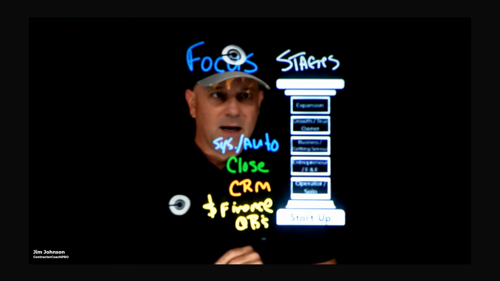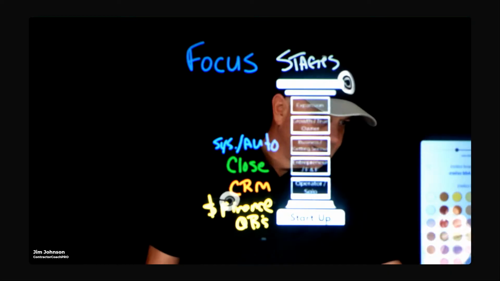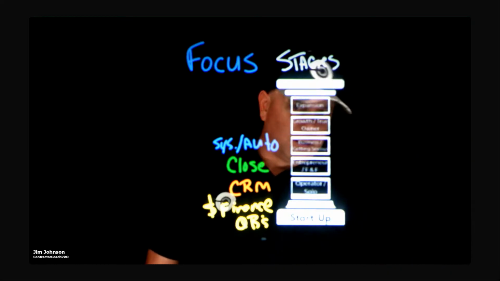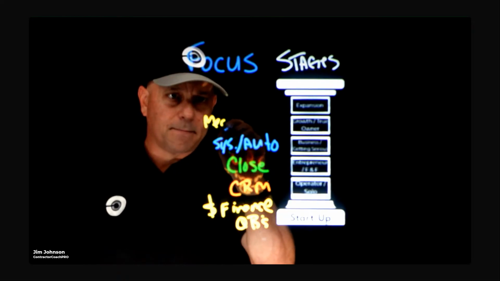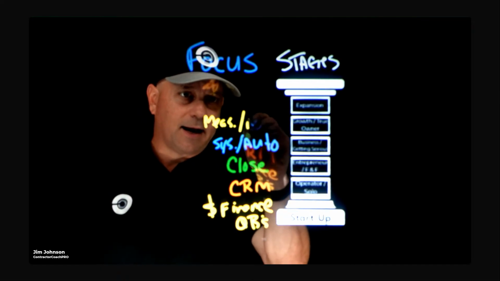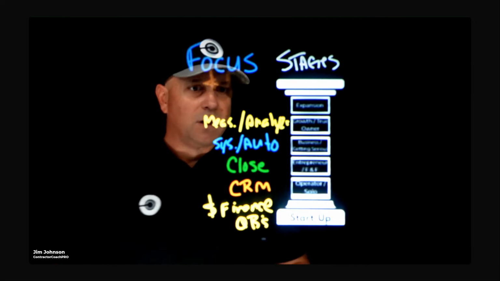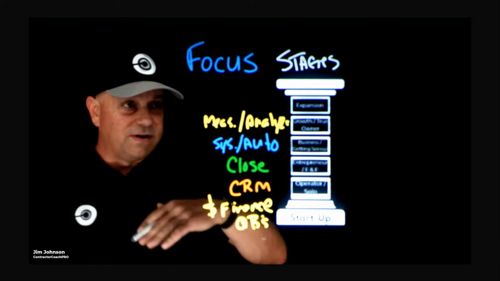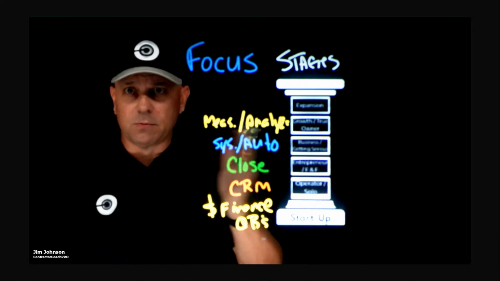Now, whenever we get into the growth and trust side of things, we have to start thinking a little bit deeper. And this is where we measure and analyze. So we've got systems, we've put automation in, now we have tools that are actually measuring the results.